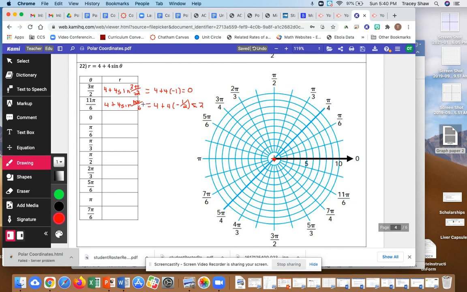So at 11 pi over 6, my radius is 2. All right, now let me do one more. I'm going to put in 0. So 4 plus 4 sine of 0. 4 plus 4 times sine of 0 is 0. And this will give me 4. So if my angle is 0, my radius is 4.